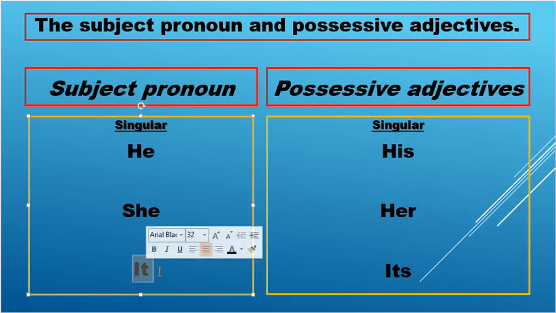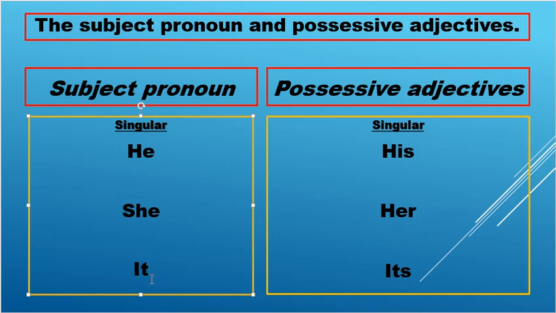When we say it, we're talking about animals, fruits, weather, sports, places, everything that is not a human or a person. And next, its.